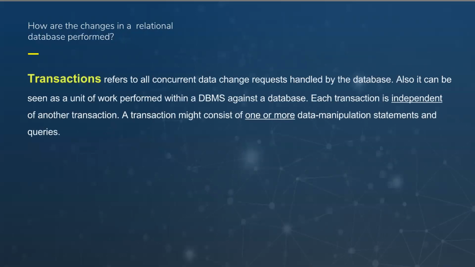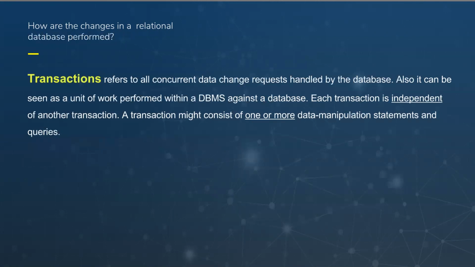A transaction can be seen as a unit of work performed within a database management system against a database. Each transaction is independent of another transaction, and a transaction may consist of one or more data manipulation statements and queries.